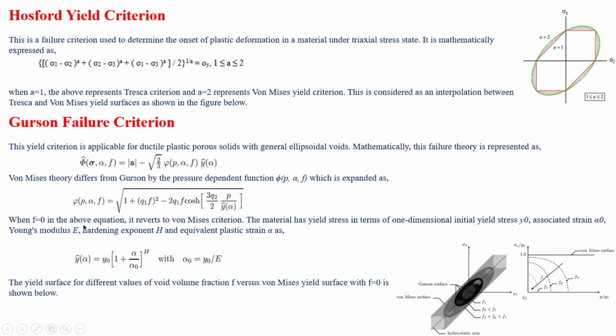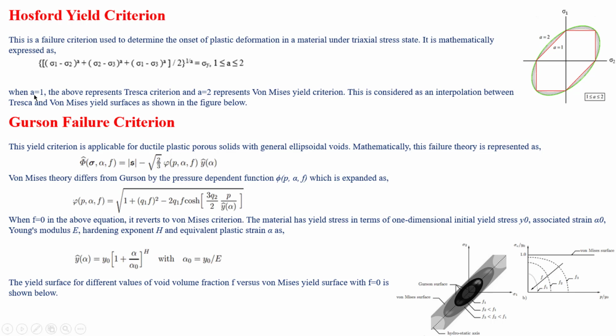Now the Hosford yield criterion. It is the link between both the Tresca and the von Mises theory. You can see the formula: the absolute value of sigma 1 minus sigma 2 raised to a, plus sigma 2 minus sigma 3 raised to a, plus sigma 1 minus sigma 3 raised to a, divided by 2, equals sigma raised to a.